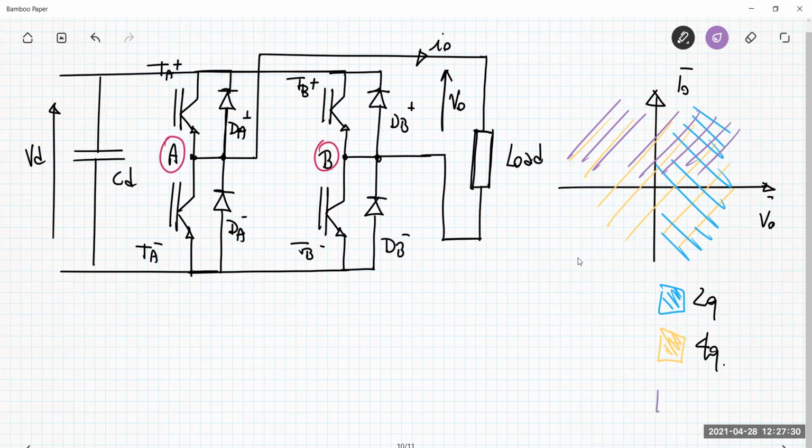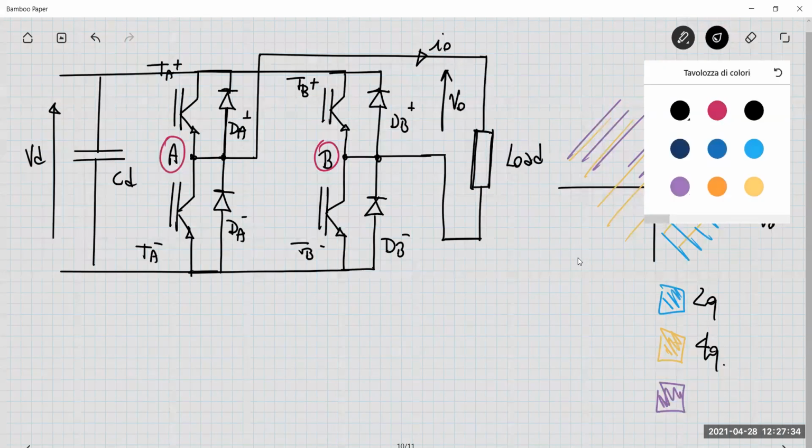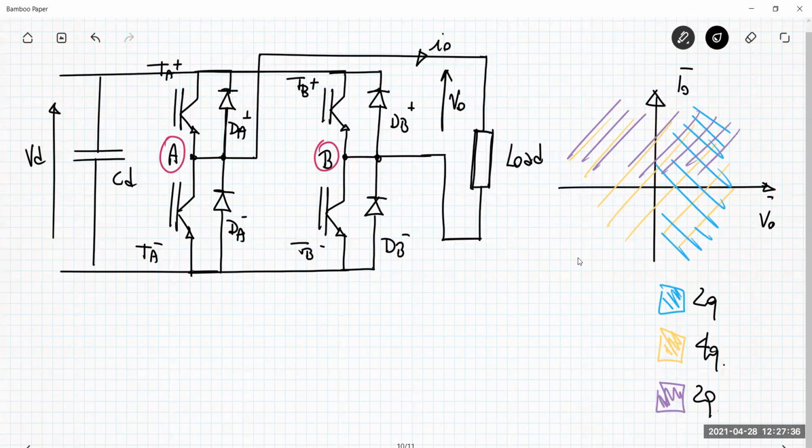Okay, so I have another 2 quadrant converter, in which I have output voltage reversible and only positive current.